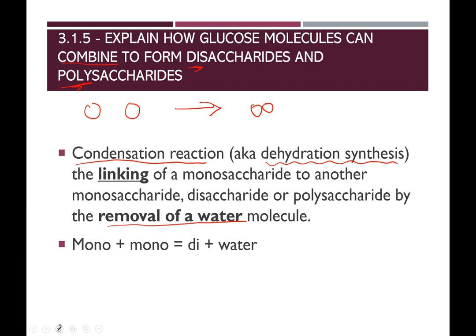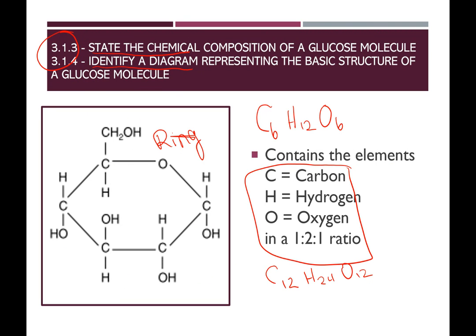So let me change colors here. So here, let's say I've got one glucose. Here I've got another glucose. When I combine them together, what I'm going to do is I'm going to remove a water molecule, and that will link these together. And you might be thinking, okay, where am I getting this water from? I'm going to go back to the previous slide.